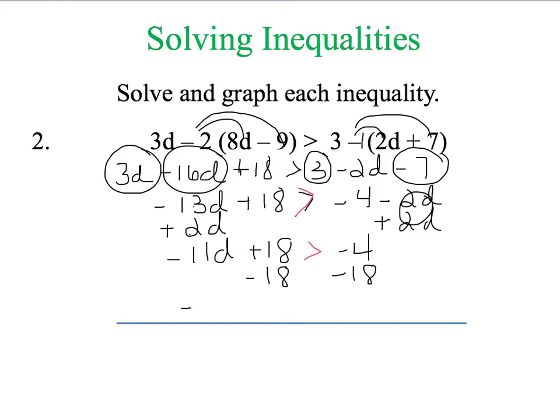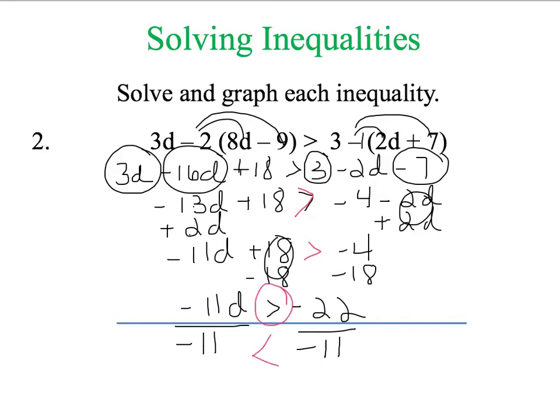So I have negative 11d, this is 0, is greater than negative 22. Here again I'm dividing by a negative number. Whenever we're dividing or multiplying by a negative, this sign is going to flip. So now I have d is less than 2.